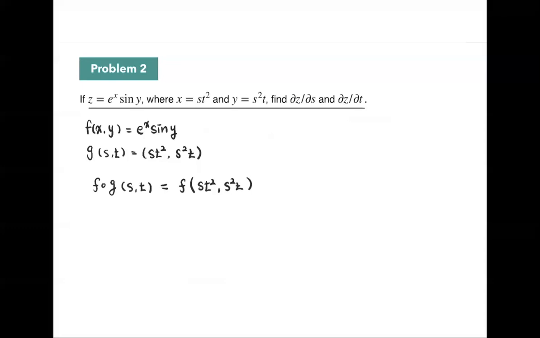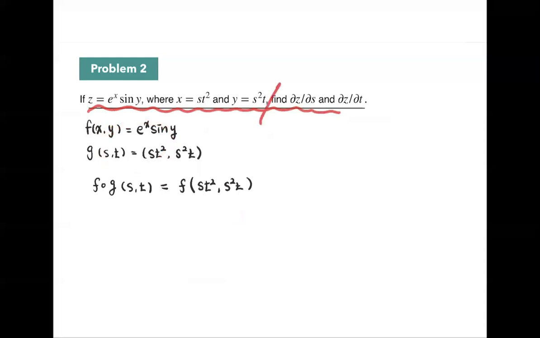So it means that since our variables of f is x and y, in this case it is x and it is y. Okay, so this setting is the same thing with this setting.